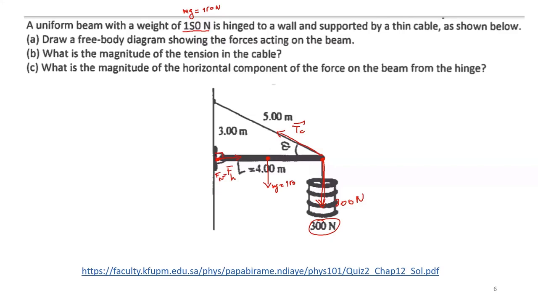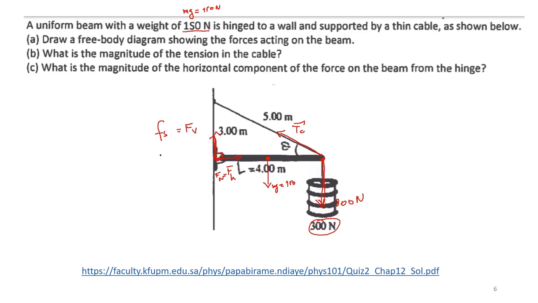But also I will have an F vertical upward, because the beam will have a tendency to slide down, but the hinge has to keep it static. If it was not hinged here, in order for my beam to be at static equilibrium, this F vertical should be what? A static friction.